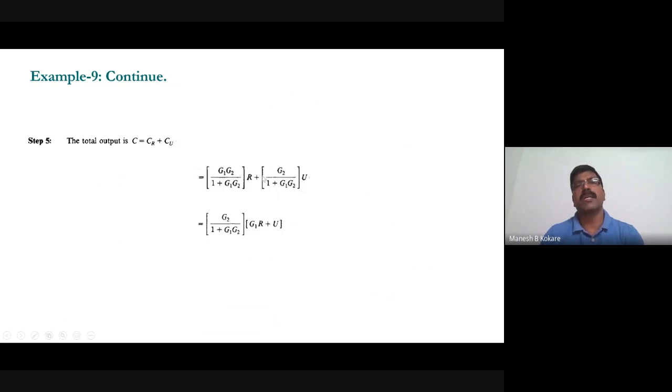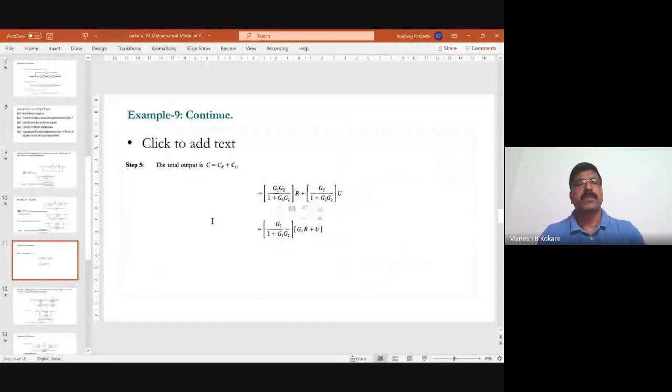So this will be Z1 Z2 divided by 1 plus Z1 Z2 into R, plus this, the output due to U, and this is the output due to R. So this will be the overall output when you are considering multiple input multiple output. I hope that you have understood this problem, right? If yes, we can go ahead.